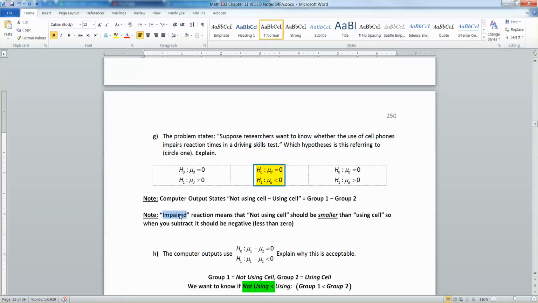And the word impaired. Impaired is right here, impaired. That means that you're having a slower time, right? It means it takes you longer, right? So that means that your reaction time, impaired reaction, means that not using cell should have a smaller reaction time than using the cell.